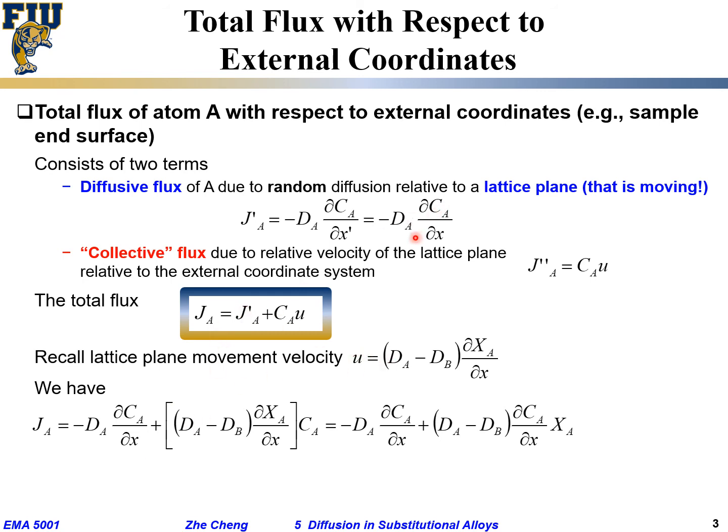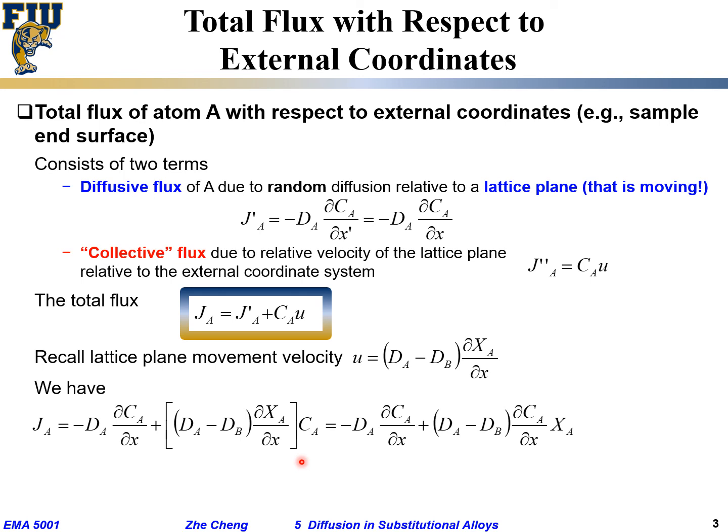It's minus D_A times what? Partial differential of C_A with respect to x, plus C_A times U. C_A here, within the square bracket, is U, the velocity of that moving interface.